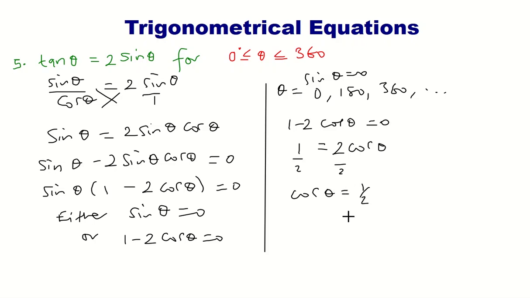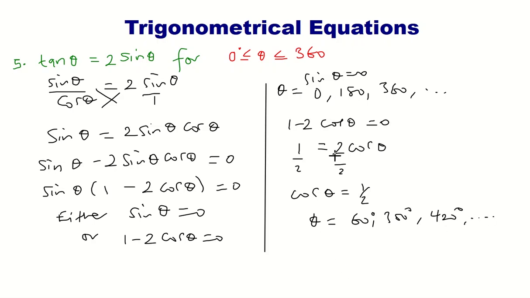We looked at this as the second example, and we got the values of theta there as 60, 300, these are degrees, we had 420, and so on. You can check.